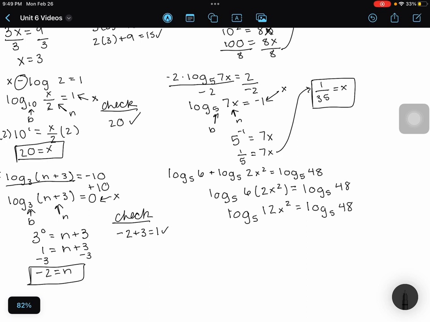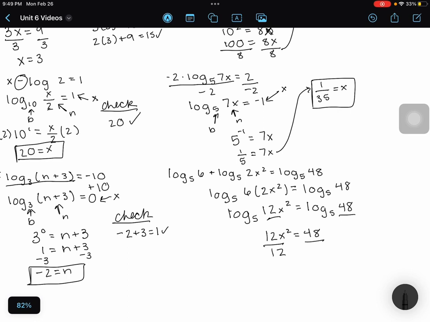Okay, and now since we have log 5 on both sides, we can basically just cancel them out and set the 2 arguments equal to one another. So 12x squared equals 48.